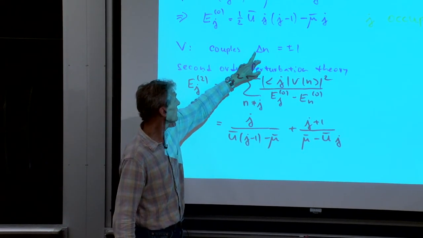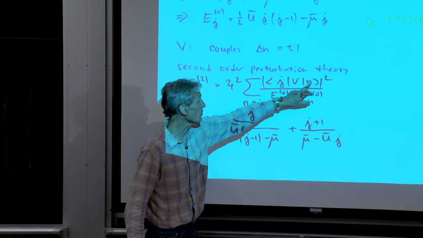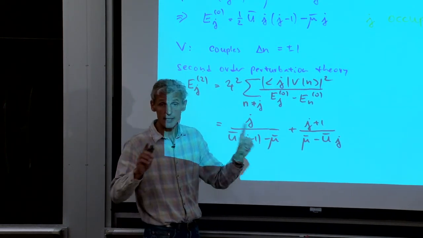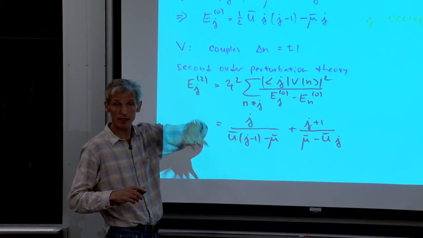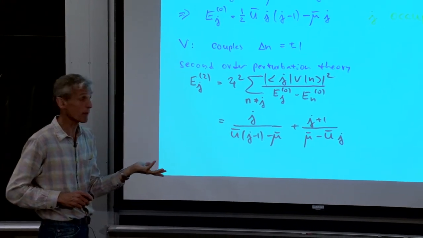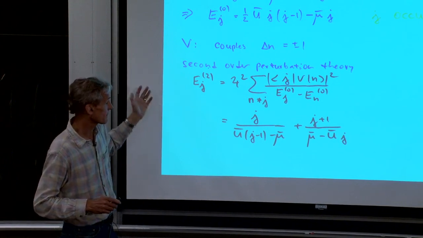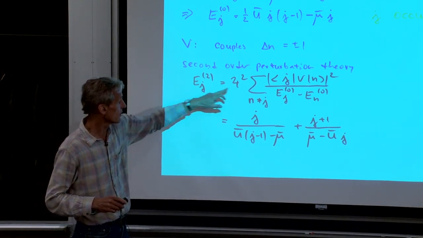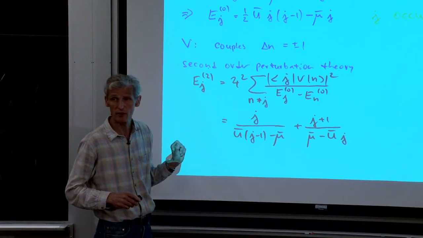And then V, because it's B B dagger, is very simple. It only couples one site to the next. It couples one occupation number n to n plus 1 and n minus 1, because B and B dagger destroy or create a particle per site. So therefore, I can immediately write down what this matrix element is in second-order perturbation theory.